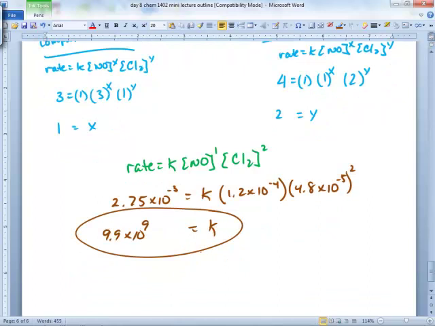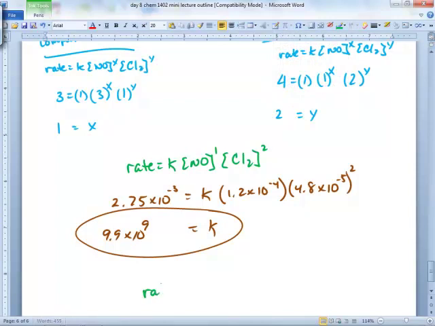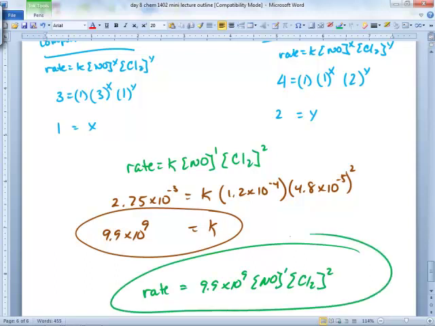Okay. So your entire rate law, your final answer, would be rate equals 9.9 times 10 to the 9, NO to the 1, Cl2 to the 2. Otherwise you don't have your rate law done. There's your final answer.